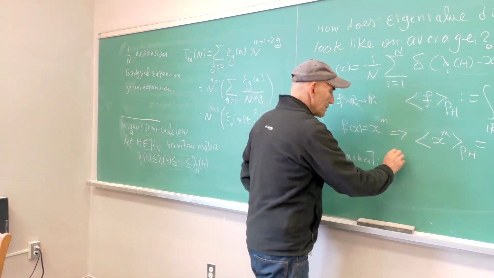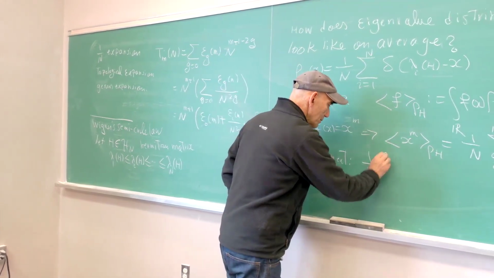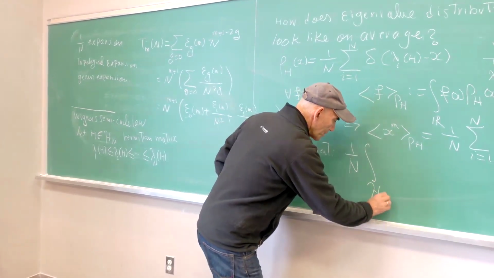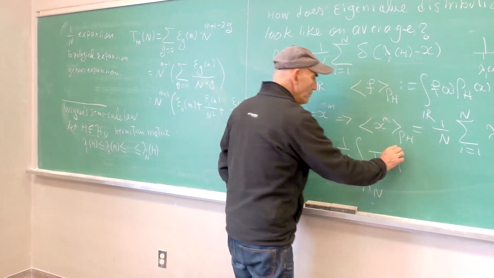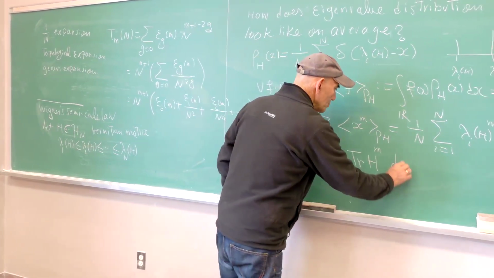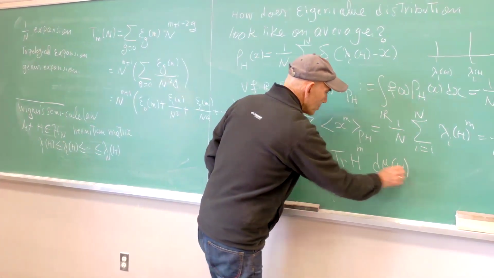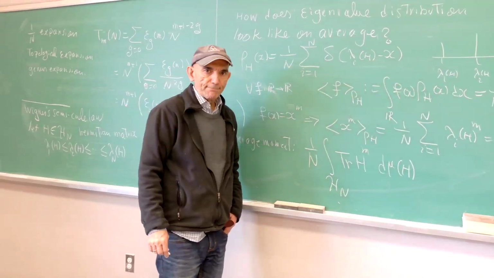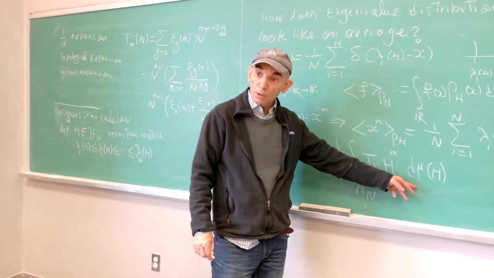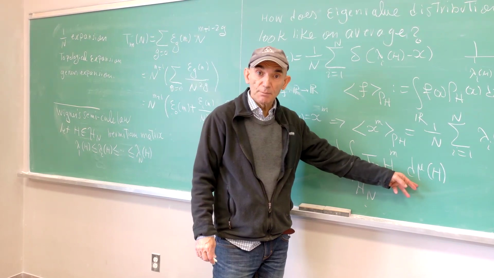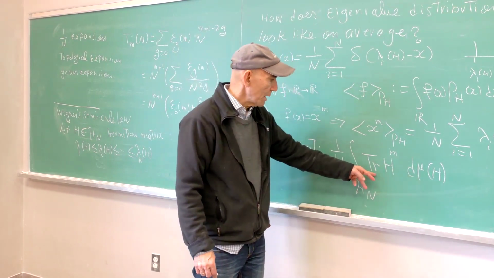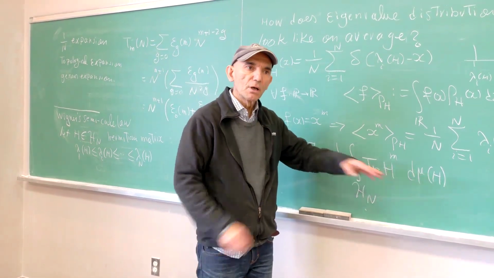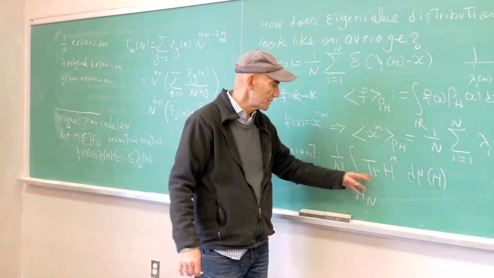I integrate the trace of H to the power m over all Hn with respect to d mu of H. Remember, this d mu of H is a Gaussian measure, a Gaussian matrix probability measure, and this is a function on the space of Hermitian matrices.